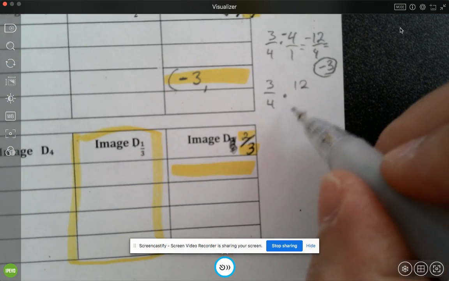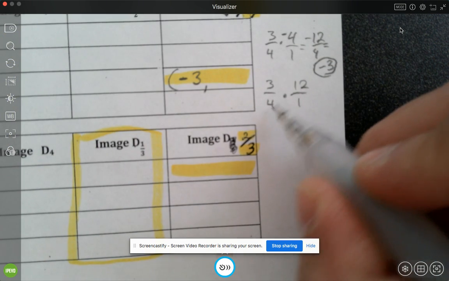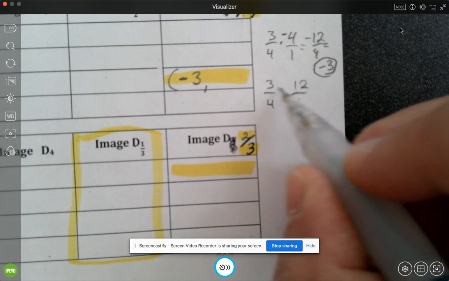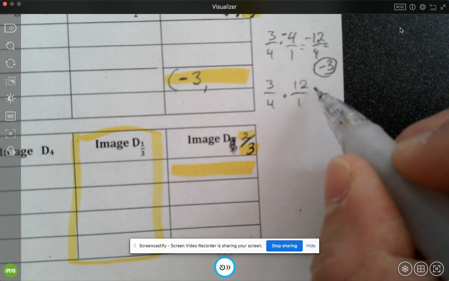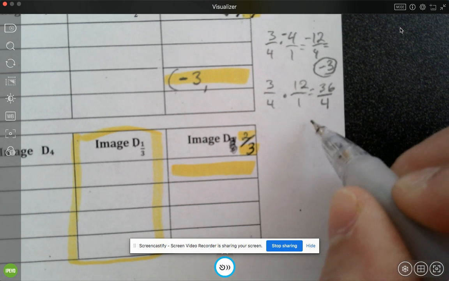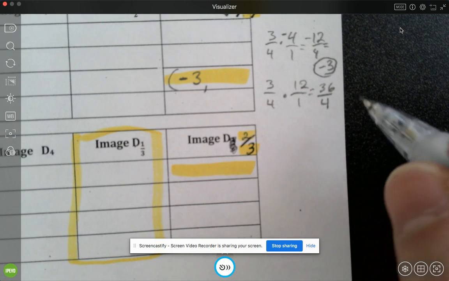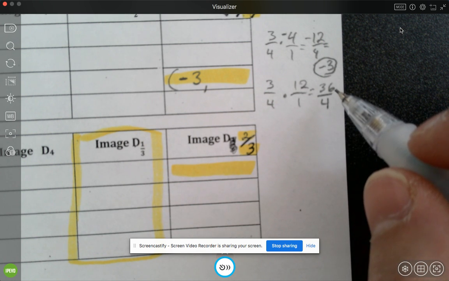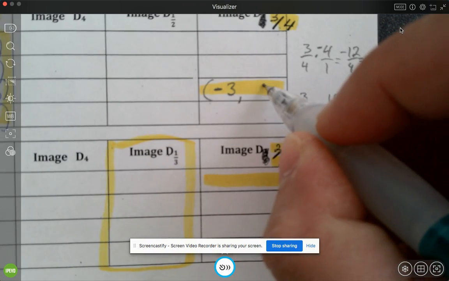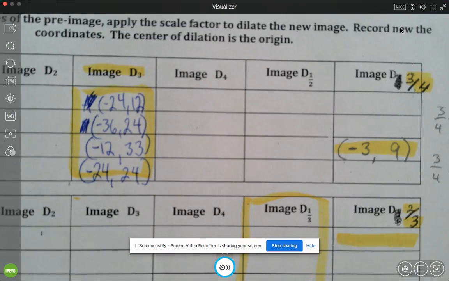And then 3/4 times 12. I really want to cross simplify that, but I don't know if I'll just do it all out. So 3 times 12 is 36 divided by 4. 36 divided by 4 is 9. So the answer there is 9. So that coordinate's going to be 9.